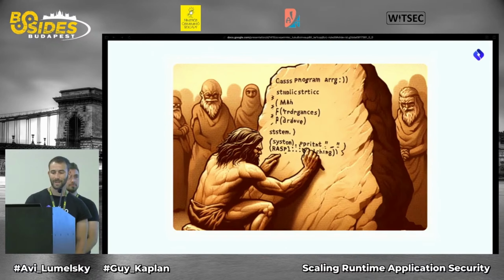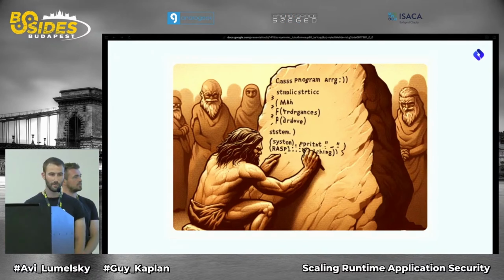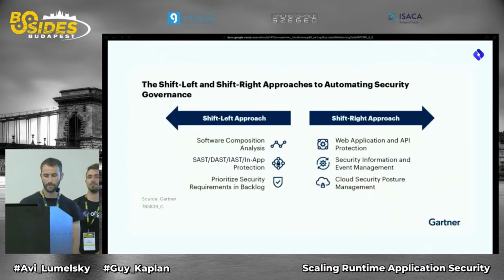The need to protect applications is not new, and thanks to ChatGPT for this amazing image. For decades, developers and security experts have sought ways to shield software against threats.